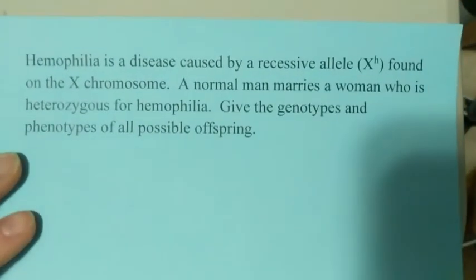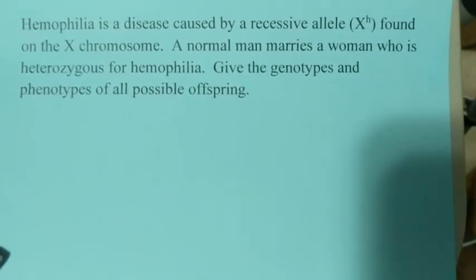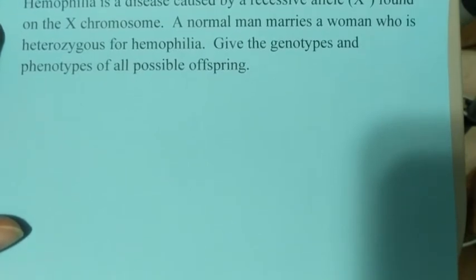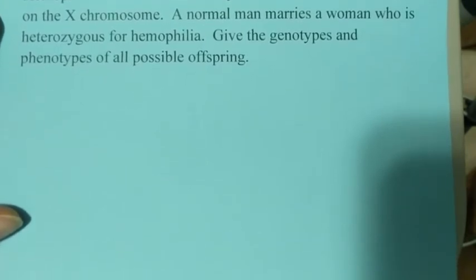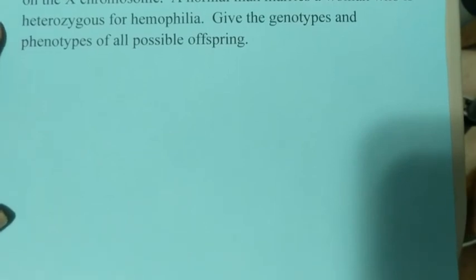Now on this next one, we're looking at hemophilia. Hemophilia is a disease caused by the recessive allele X lowercase h, found on the X chromosome. A normal man marries a woman who is heterozygous for hemophilia. Give the genotype of possible offspring.